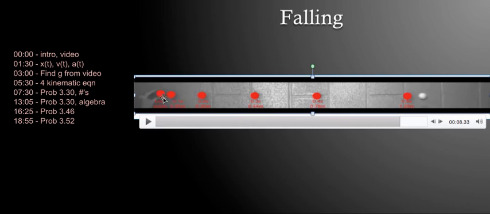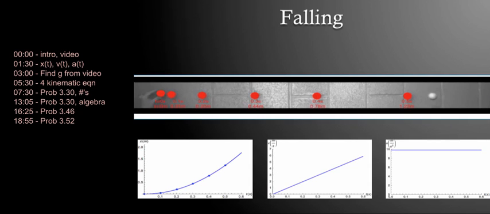But let's take a look at each of these positions plotted as a function of time. So here we have the curve of position versus time. We can see each of these data points that we took, and it looks to be parabolic.